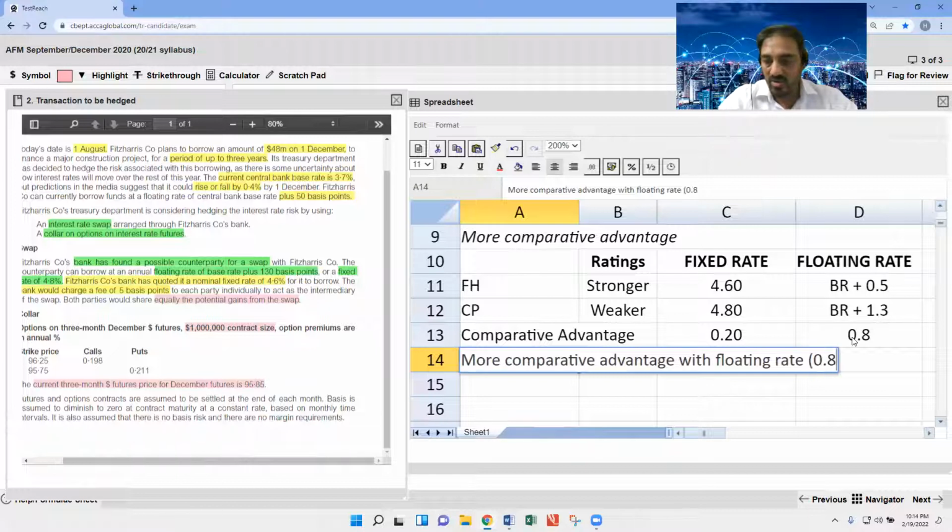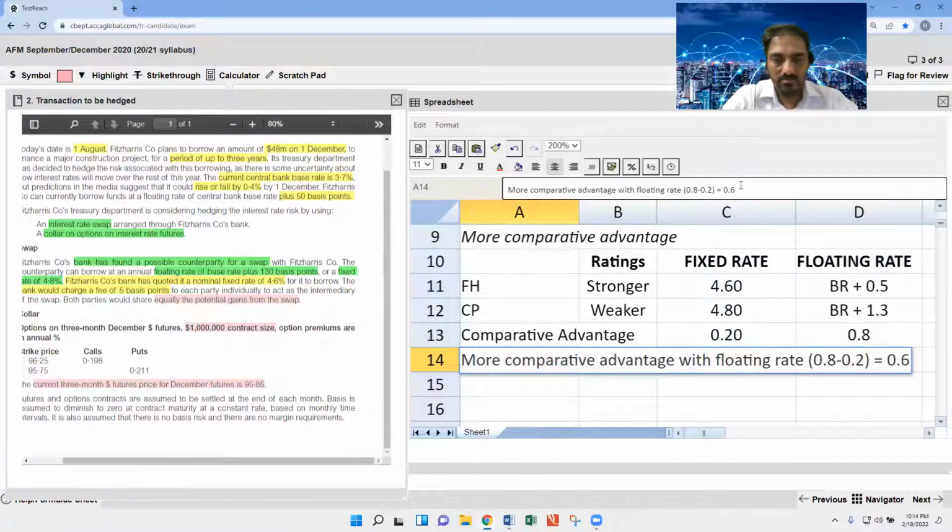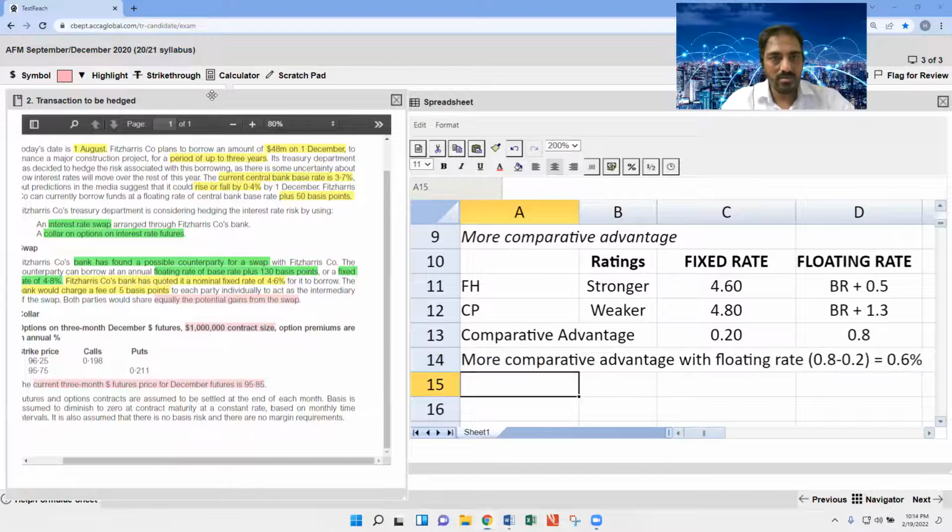More means 0.8 minus 0.2, and that's equals to 0.6. And this is the sharing advantage. We will share 50-50.